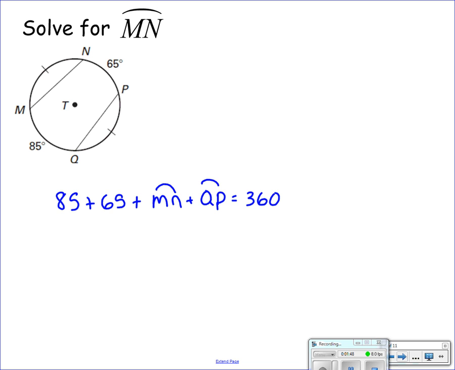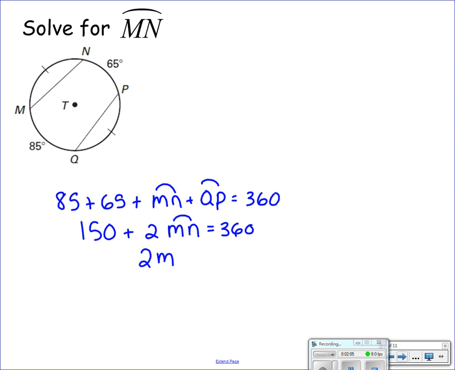Well, we have 85 plus 65. That's 150. MN and QP are the same thing, so that's like saying twice arc MN is equal to 360.